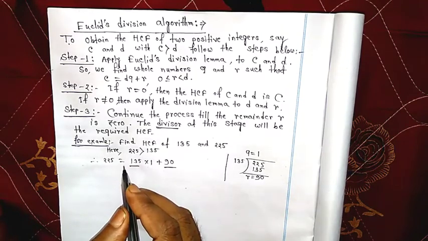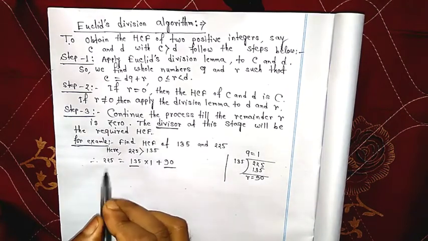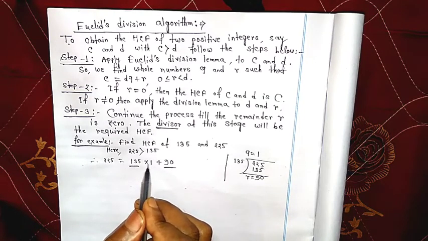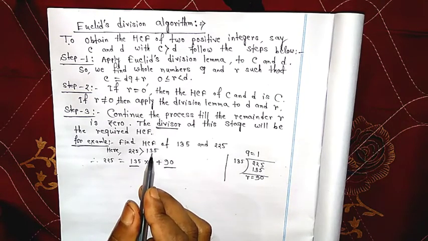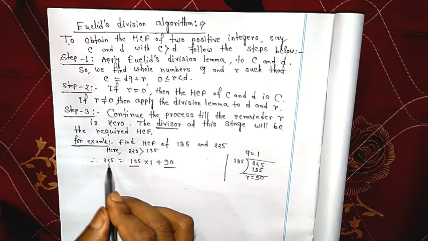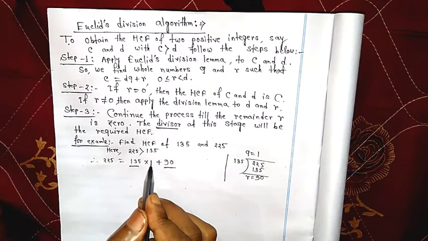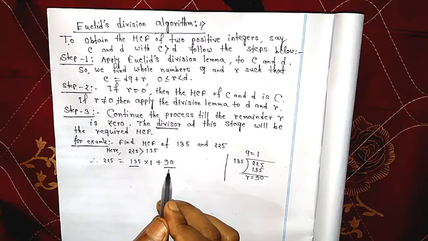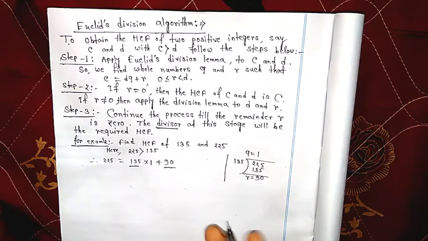So 225 can be written as bq plus r, where a equal to 225, b equal to 135: 225 is equal to 135 into 1 plus 90. Here r is not equal to 0, so we have to go to the next step.